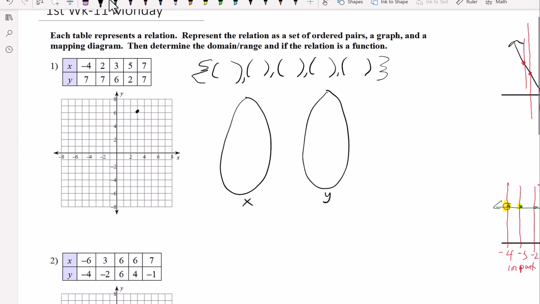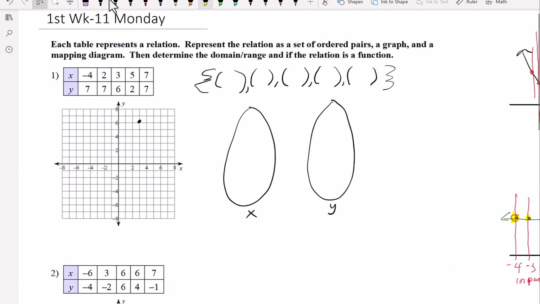So let's come over here now. We want to represent relations as a set of ordered pairs. Here's your x and y: -4, 7, 2, 7. I don't need to read those.